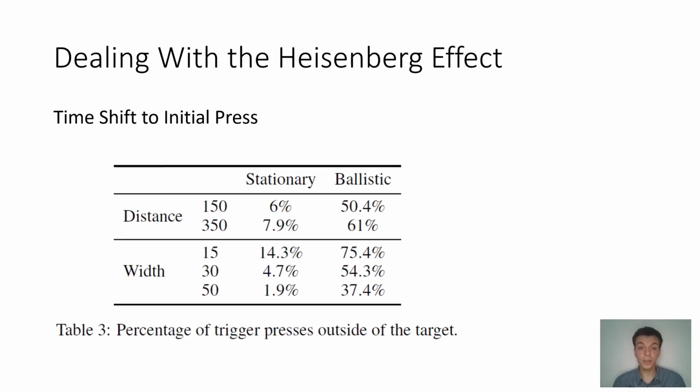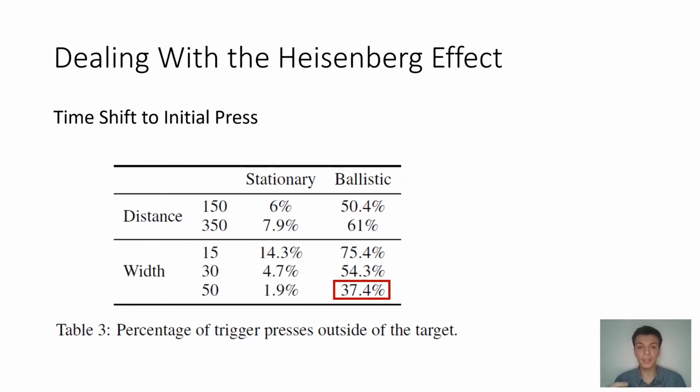Well, if we look at where the participant started clicking or pressing the button, we can see that it usually happened outside of the target, especially for the ballistic condition, which is closer to reality, where we have our movements during our selections. We can see that even for the largest targets, we still had 37.4% of selections that started outside of the target.